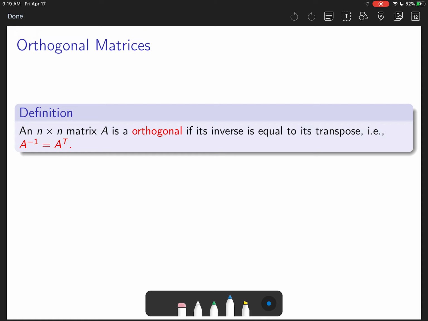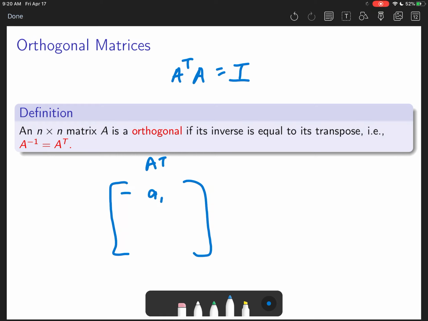Just by the fact that this orthogonal matrix is acting as its own inverse means that something like A transpose A equals the identity matrix. And if you think about what that looks like column by column, let's say this one's A transpose, where we've got the first column of A hanging out on its side all the way down.